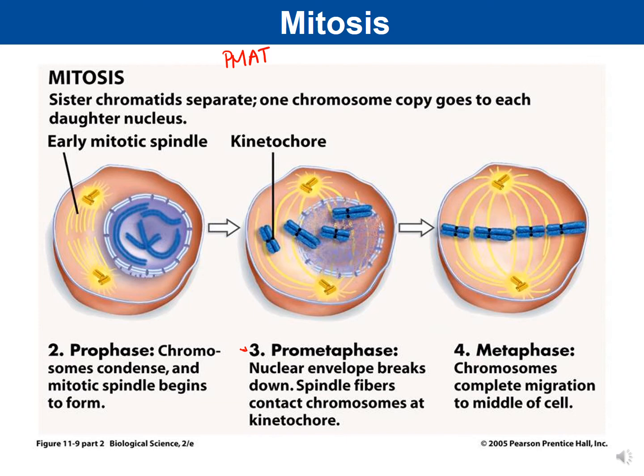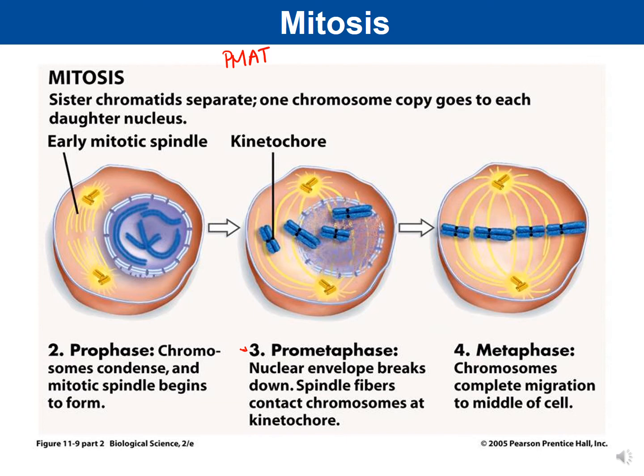In prometaphase, we're going to get the nuclear envelope breaking down. So we're going to break down that membrane for the nucleus. The spindle fibers are going to make contact with the chromosomes at a structure called the kinetochore. The kinetochore is basically a protein structure that the spindle is going to attach to.